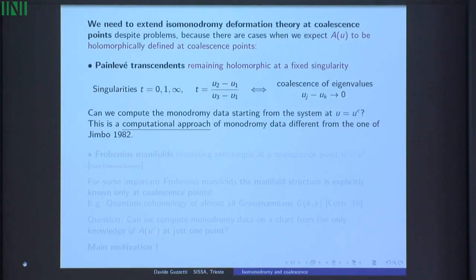This is the case when we have Painlevé transcendents which remain holomorphic at one of the fixed singularities of the equation. In this case, the solutions have a Taylor expansion at the singularity. We can study them using, for example, Fuchsian systems. So there is not much to do.